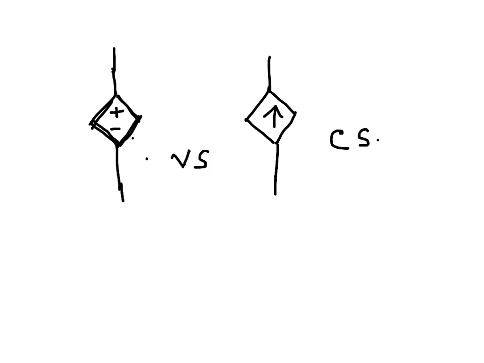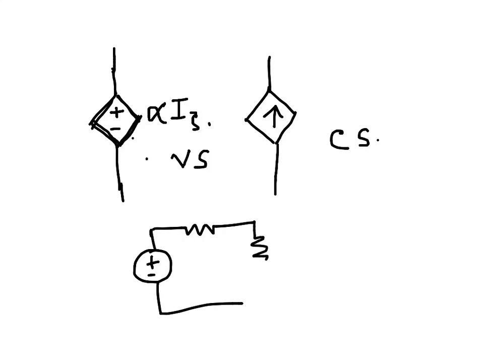So it can be, let's say, alpha IS. If I draw a circuit like that, let's say this is my circuit, and here I have, let's say, one of them, a voltage source.